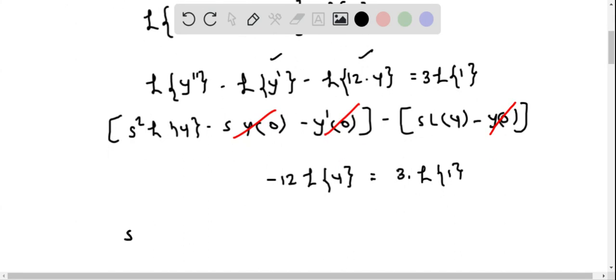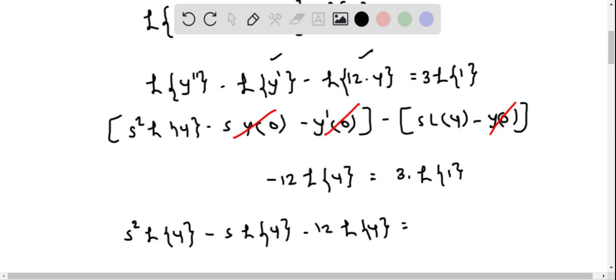So now let's simplify this. On the left side we have s squared Laplace transform of y minus s times Laplace transform of y minus 12 times Laplace transform of y, and this equals 3 times the Laplace transform of 1, which according to the Laplace transform formula is 1 over s.